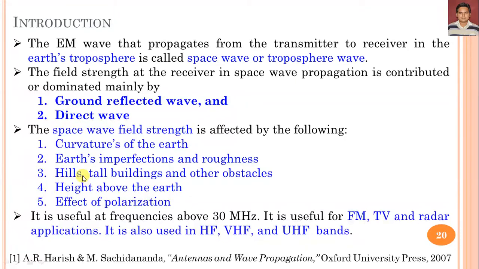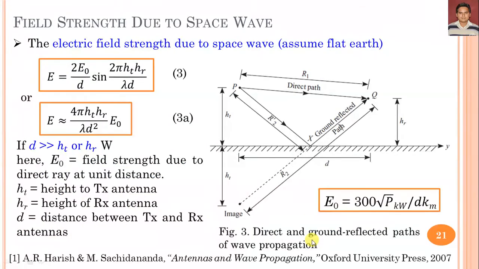Here we mainly discuss the atmospheric effect on tropospheric wave propagation. This propagation is generally used above 30 megahertz, for FM, TV and radar applications, and in the high frequency, very high frequency and ultra high frequency bands. So first we have to calculate the field strength due to the space wave.